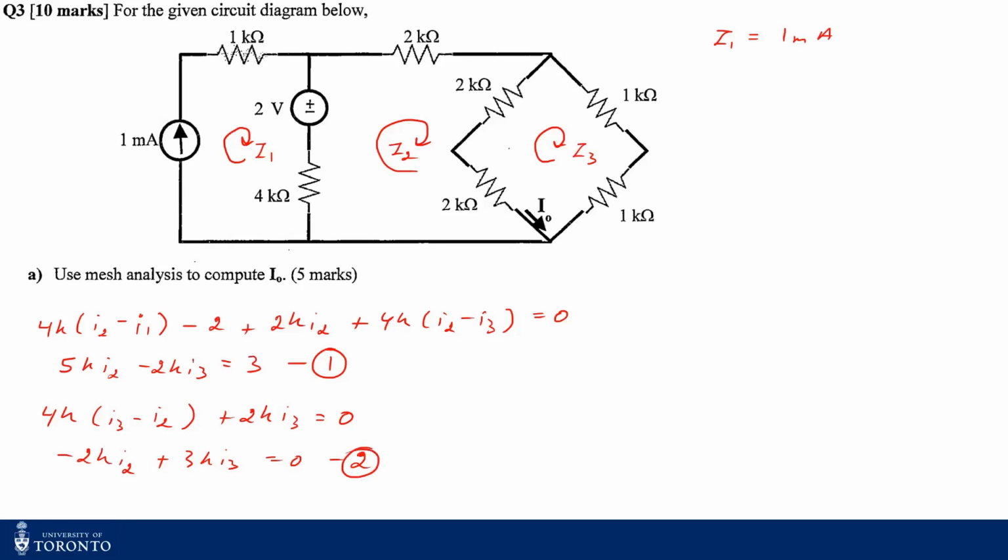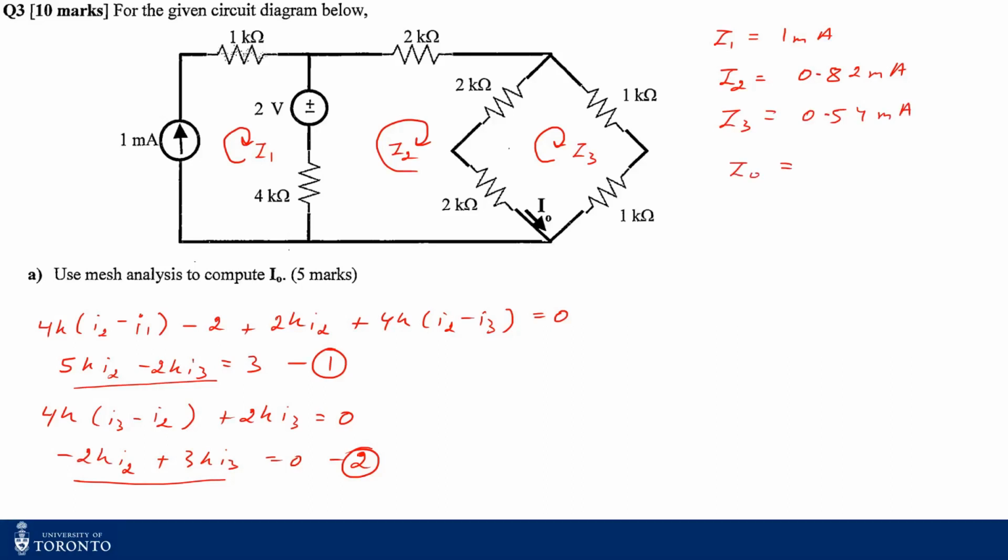So once I solve these two equations, two variables, I end up getting my I2 to be 0.82 milliamperes, right? And my I3 to be 0.54 milliamperes. Now, what's my I naught?